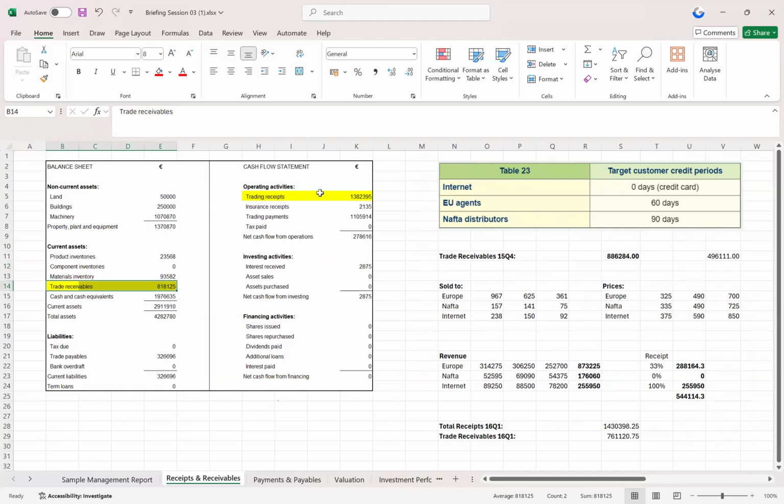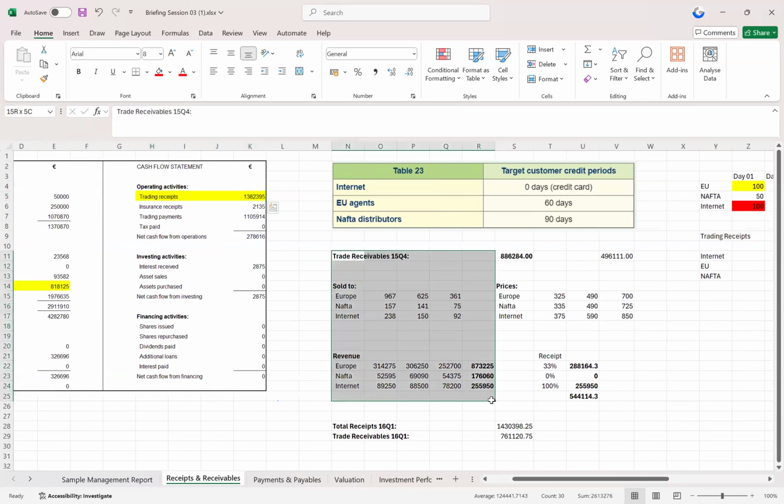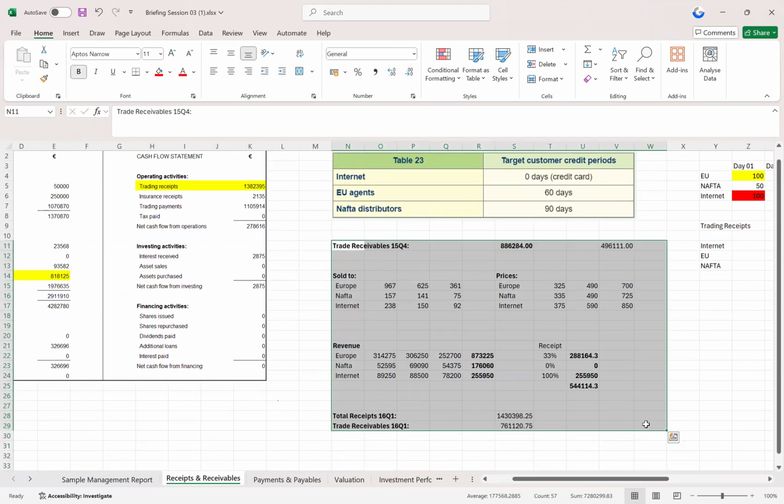Now you assume whatever product you are delivering and whatever sales you are assuming, you calculate 33% of that for Europe and 100% of internet and add that to the actual receivables figure, and you will be able to predict your trading receipts for the future quarter. Is this receivables part, this trading receipts part, clear now?